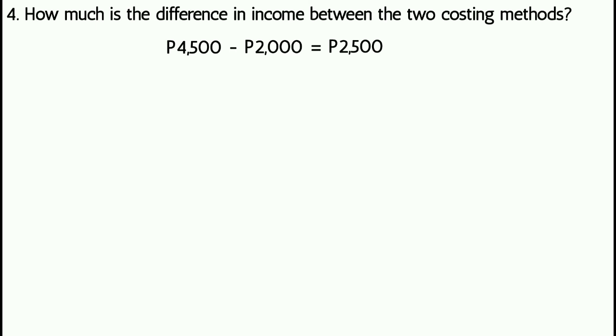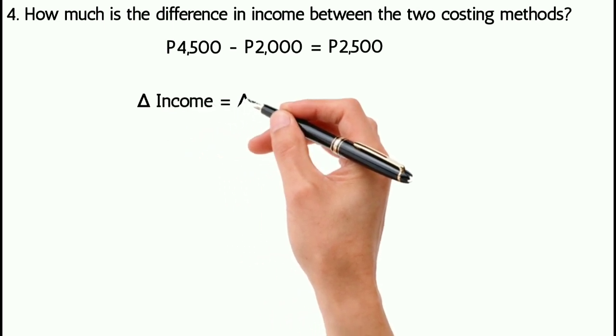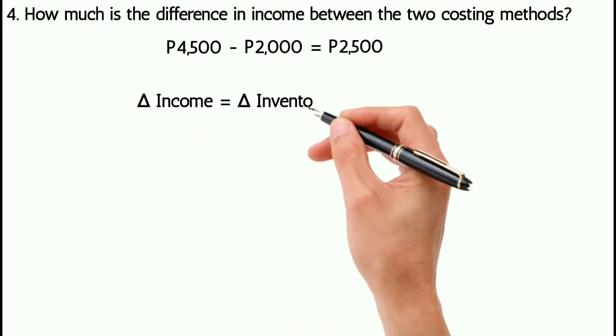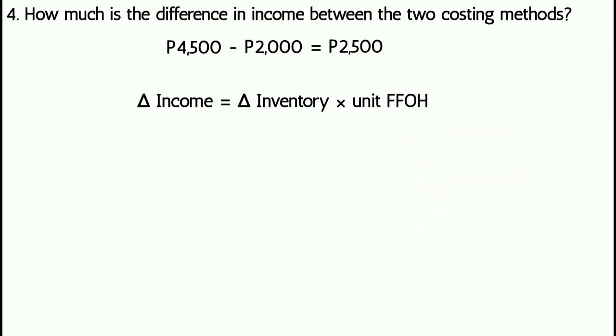Pwede rin nating makompute yung 2,500 pesos by using the formula change in income is equal to change in inventory times unit fixed factory overhead. Yung unit fixed factory overhead, pareho lang yan sa fixed factory overhead per unit.